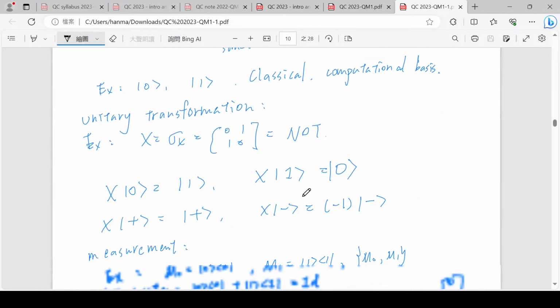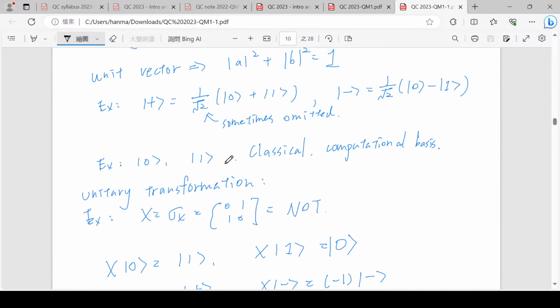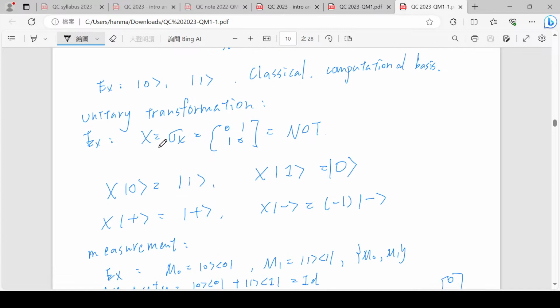Because we think about those |0⟩ and |1⟩ as the computational basis. So |0⟩ corresponds to a classical bit being 0, and |1⟩ corresponds to a classical bit equal to 1. When you apply X on |0⟩, it becomes |1⟩, and when you apply X on |1⟩, it becomes |0⟩. So it flips that bit, and that's what a NOT gate does, right? A NOT gate will flip a bit.